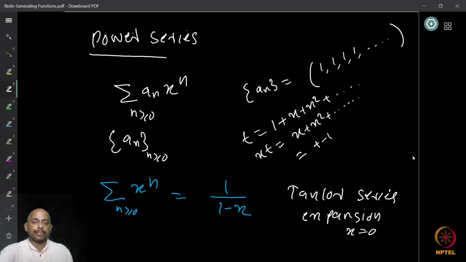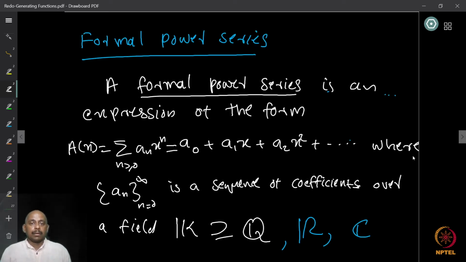Now, we are going to work with what is called formal power series. When we say formal, it is formal in the sense that when we add or do some operations with this series, we have to keep in mind that we are not really adding, we are only writing it as a formal sum.